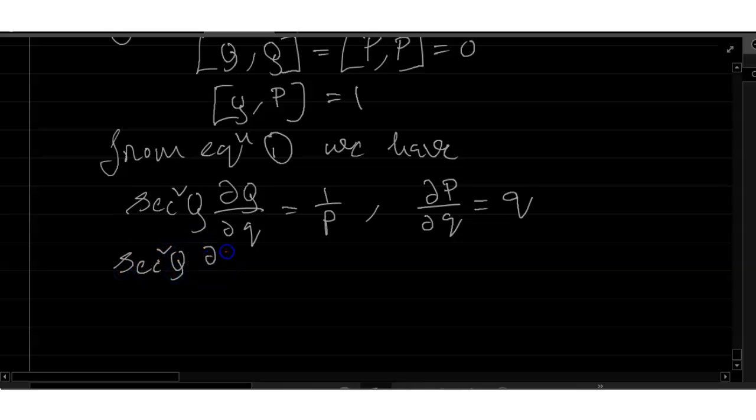Sec squared q ∂q is equal to minus q divided by p squared, and ∂p/∂p is equal to p.